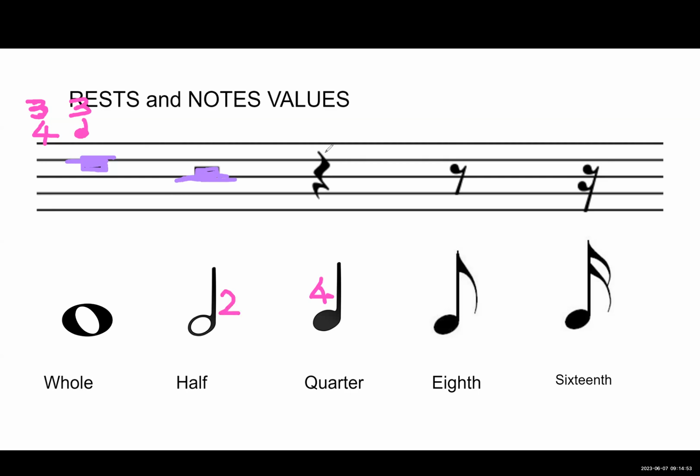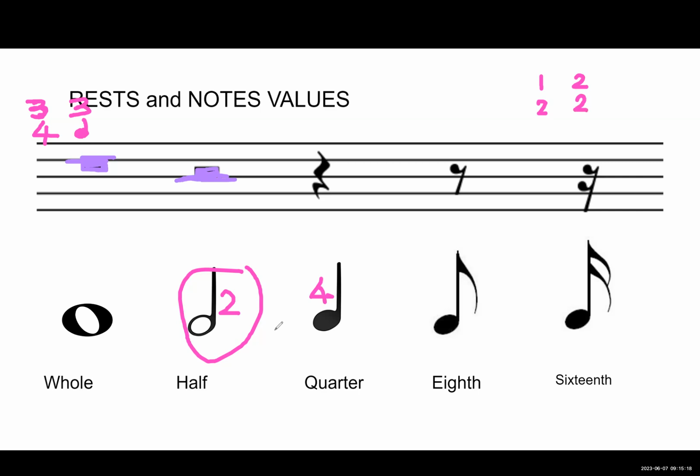So if I want to say that you have this song and you have 1 half note, then my time signature would be 1, 2. If I want to say you have this song and you have 2 of these half notes, my time signature would be 2, 2.